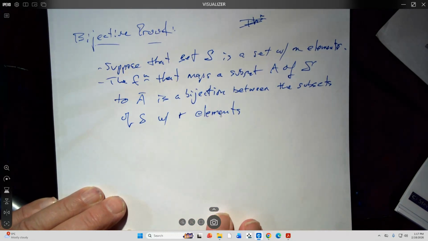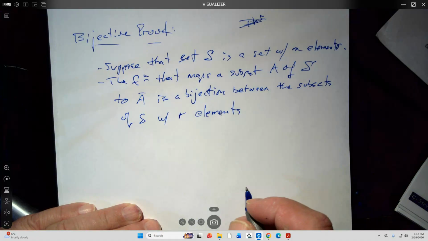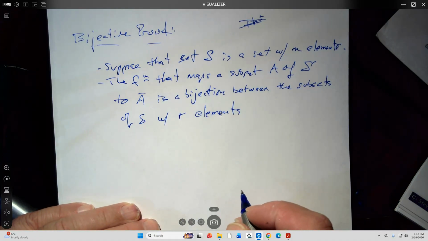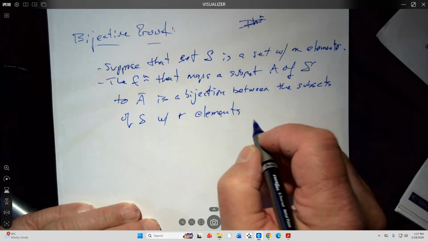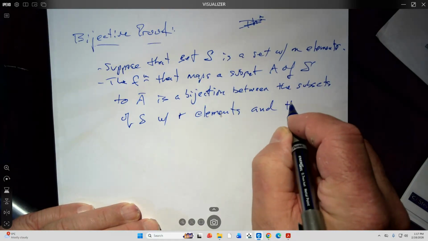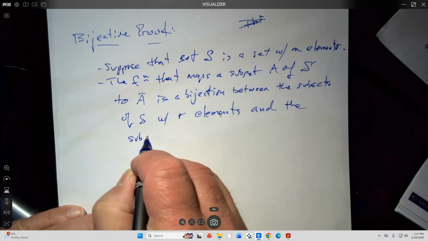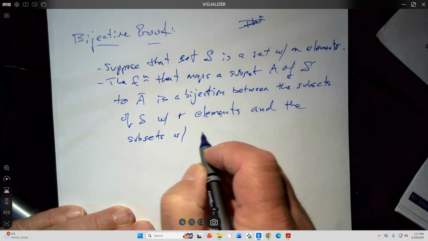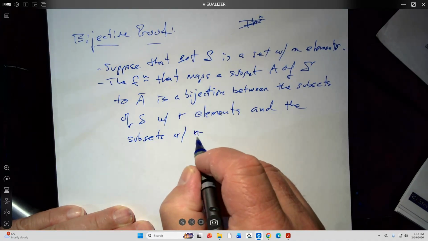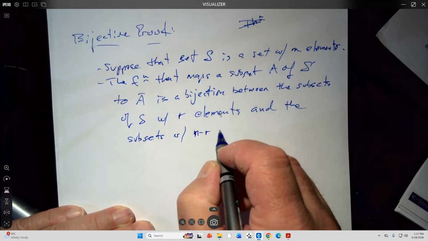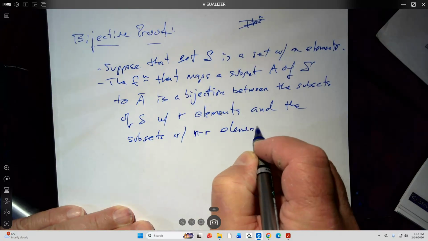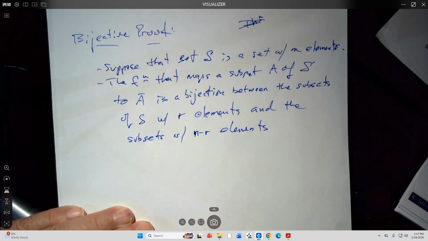Is that coming through okay? Yeah. And the subsets with n minus r elements. Okay.